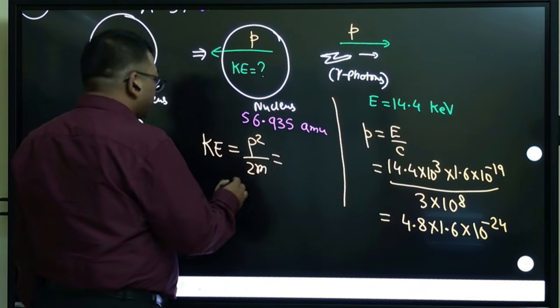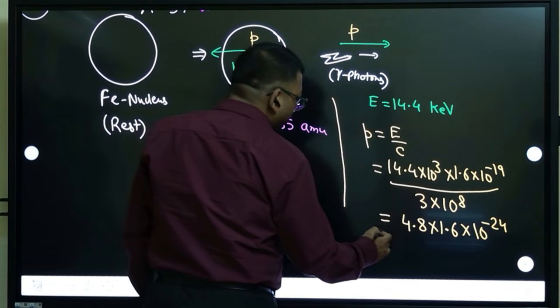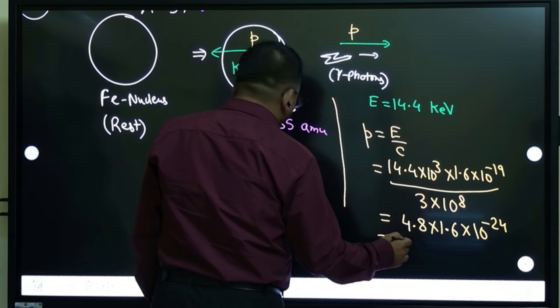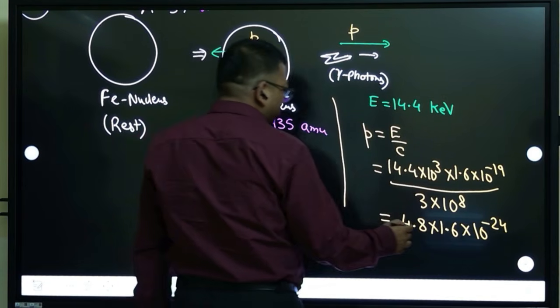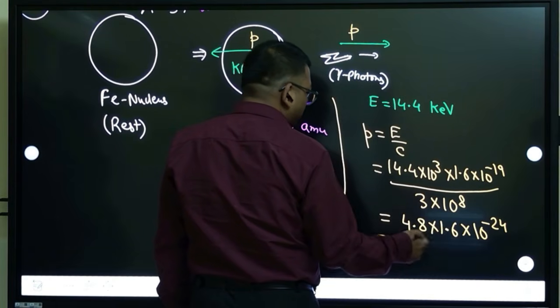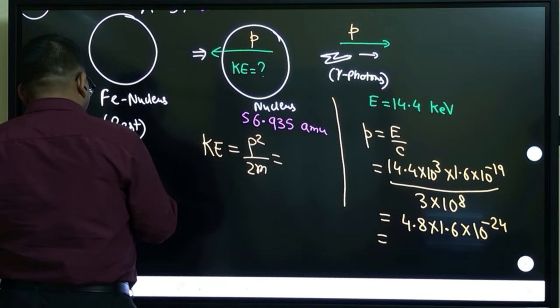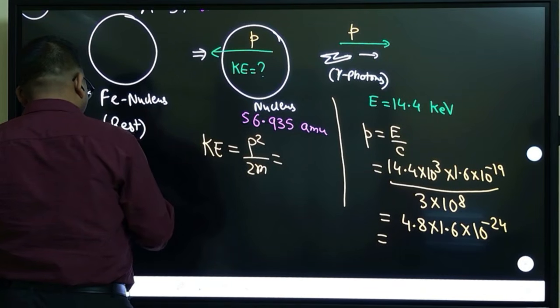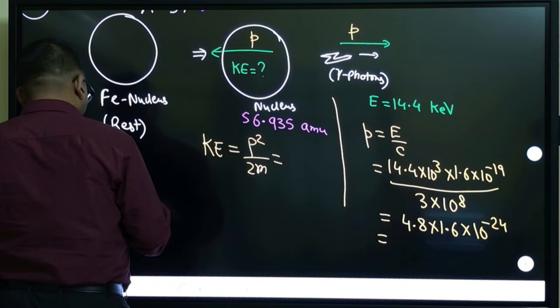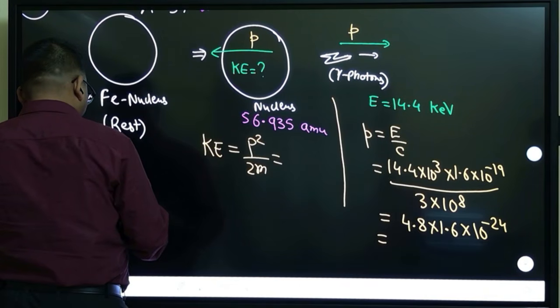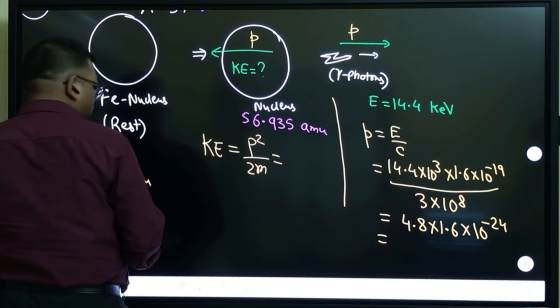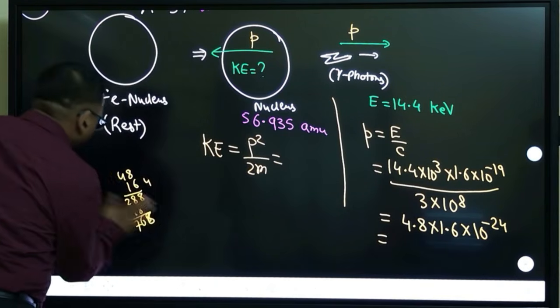Now you have to substitute it here. 48 into 1.6 is how much? Calculate this. 7.68.